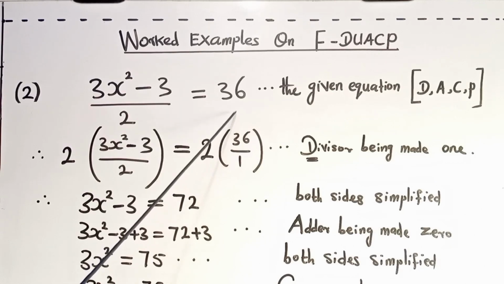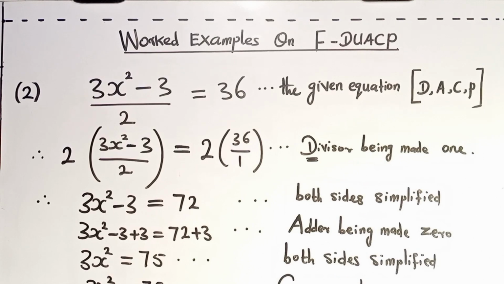Just for this one to have a divisor like this one, we use 1 to make a whole number look like a division or a fraction. Because at the end, when one divides something, the result is that same thing. That is why here, what I wrote is 36 over 1. This 36 before has become 36 over 1.